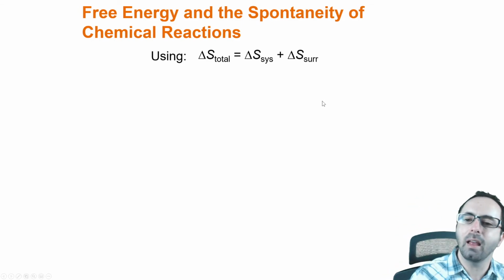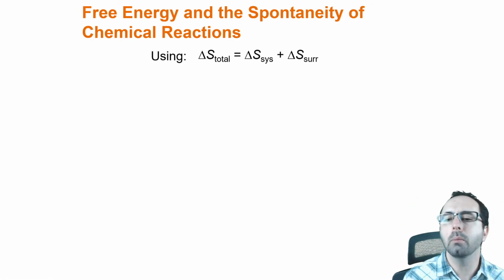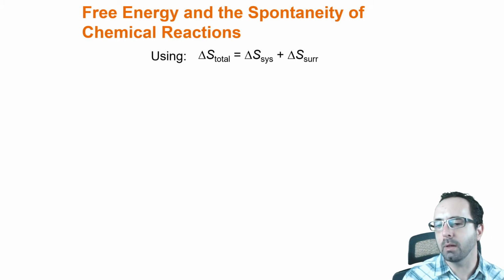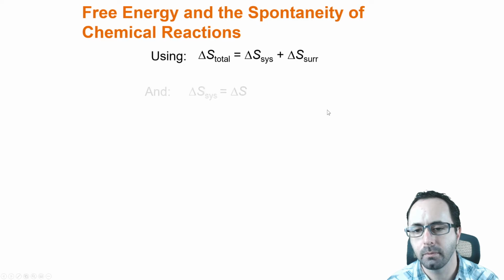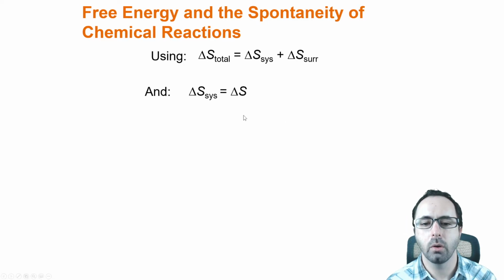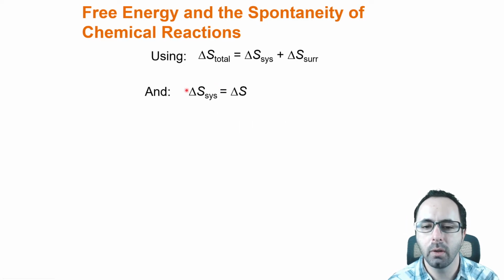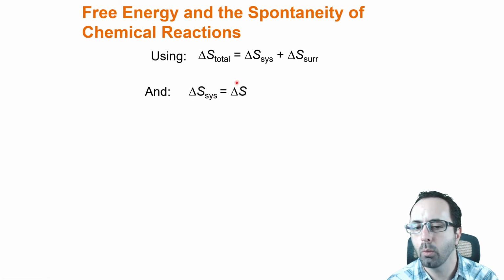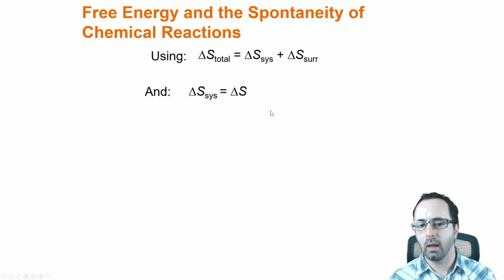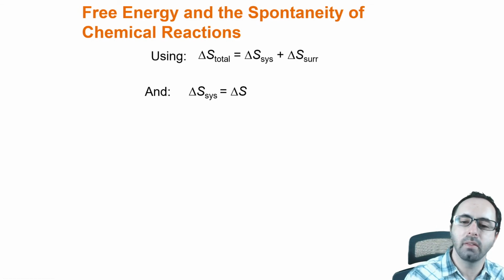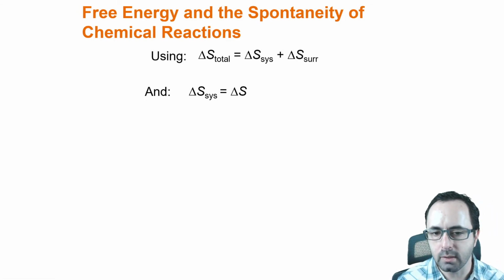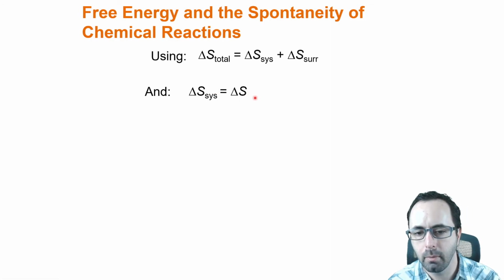So instead, as a substitute, we're going to measure the delta H of the system because that's related to the delta S of the surroundings. So notice here, delta S of the system, we're just going to call this delta S. So anything having to do with the system, we're just going to say, well, that's exactly what we're focused on. And so we'll drop the system here.